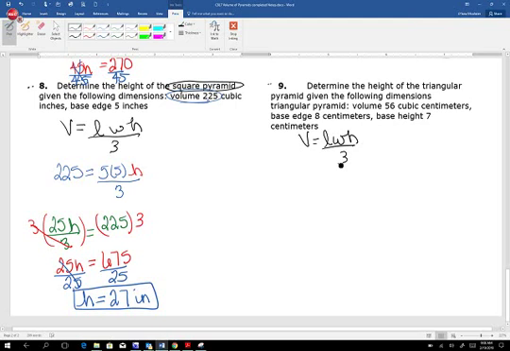And I told you a minute ago that it is very important for the formulas to be written at this point because we need them to know where all of our numbers go. They give us a volume of 56, so that's 56 equals the length and the width of 8 and 7.